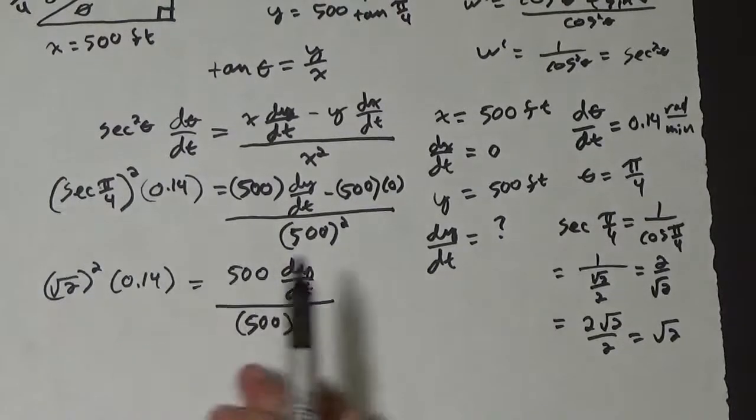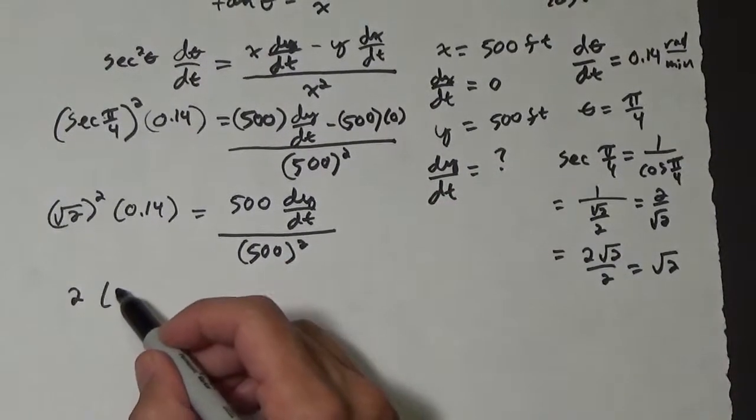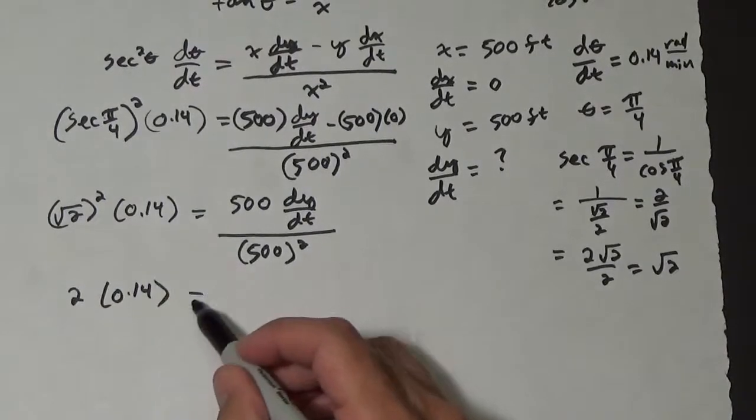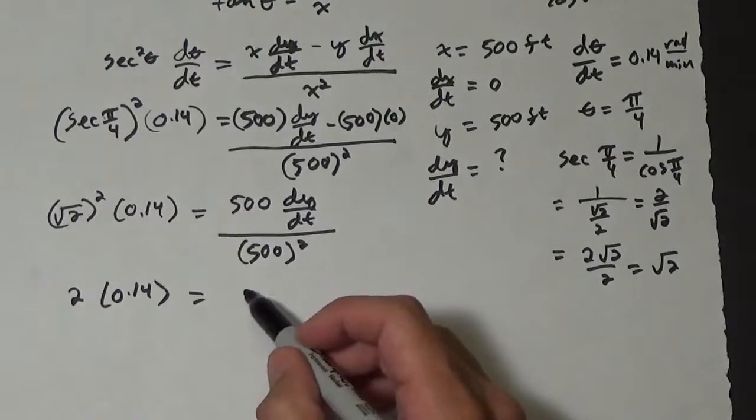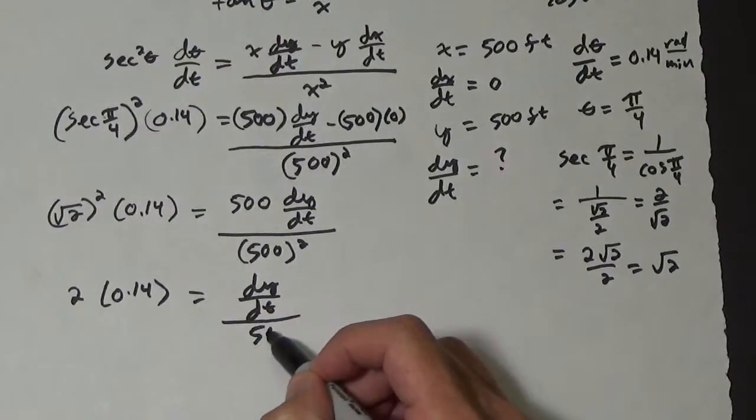Now the square root of 2 squared is just 2. So we have 2 times 0.14. One of these 500s cancels out, so we have dy/dt all over 500.